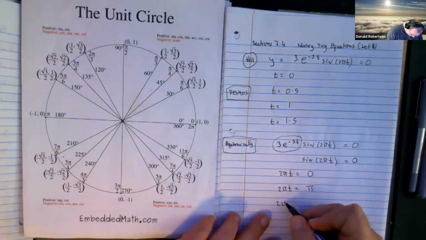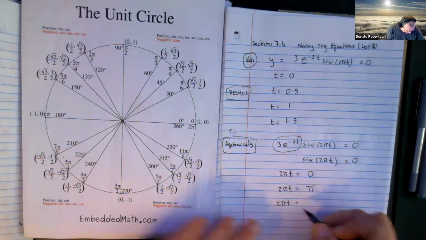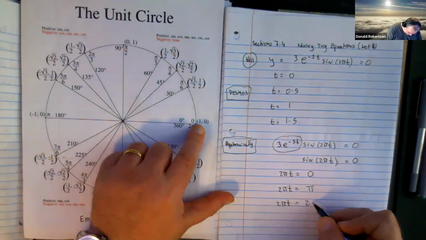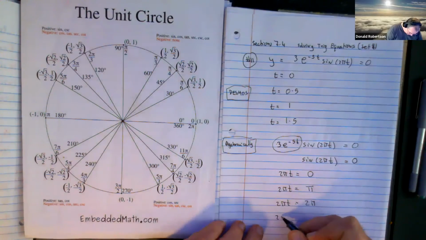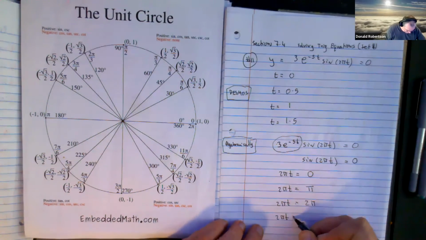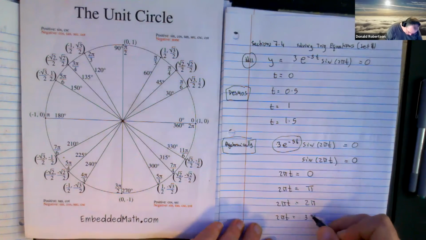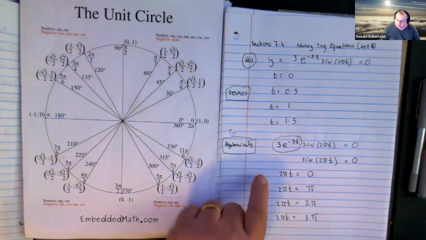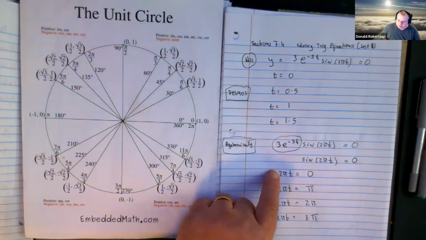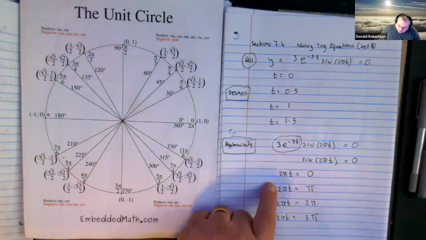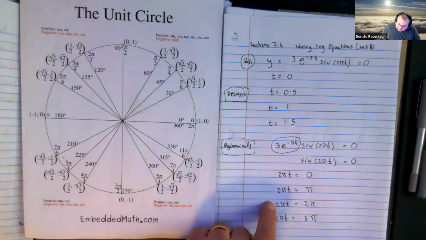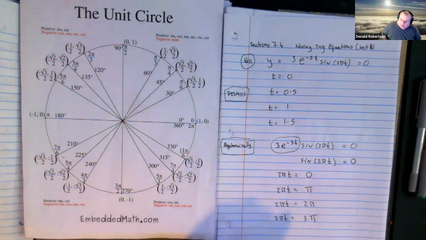Then if you want another value, you have to go all the way back to here and get 2 pi. And if you want another answer, you have to go all the way around and one more, and you get 3 pi. So the 4 answers would be this one and this one on my unit circle, then back to the beginning, and then a little bit further for the other 2.